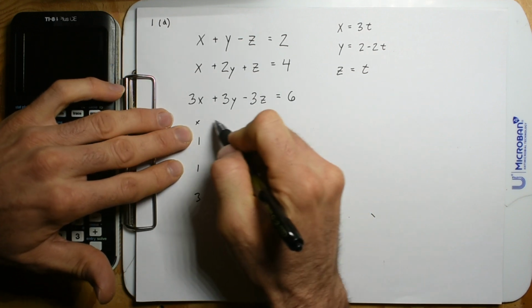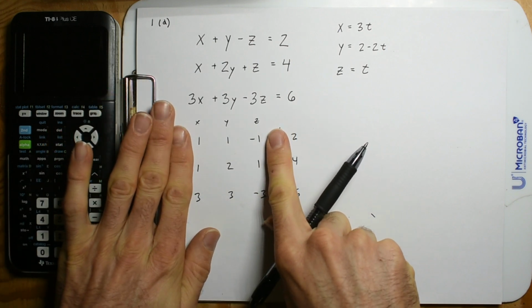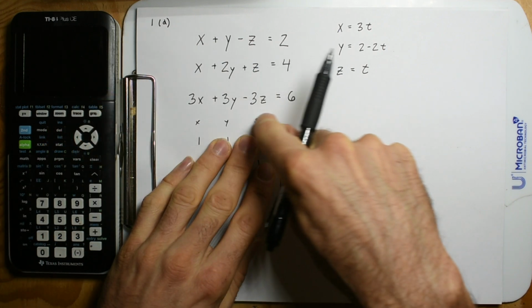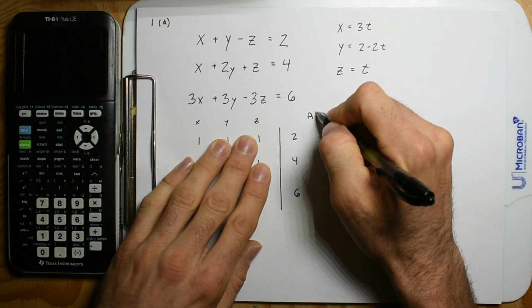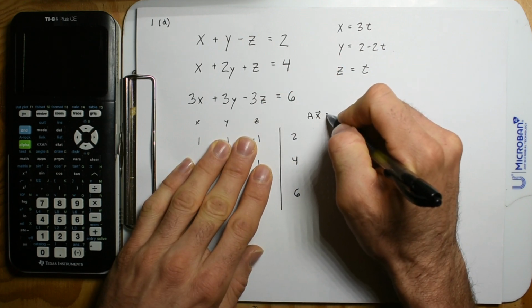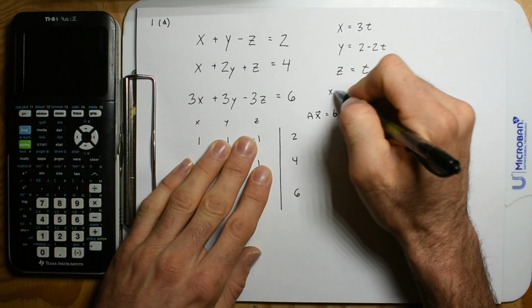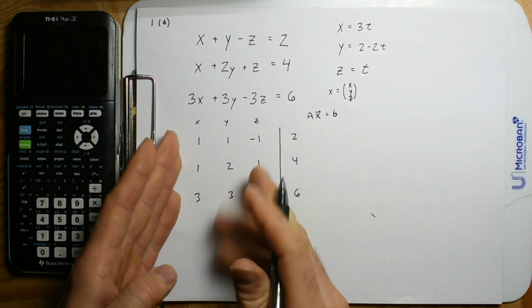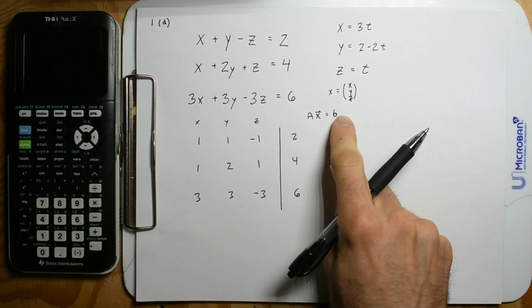And so we know that these are x, y, and z, and if I was to multiply this matrix, let's say this was matrix A, by this vector, we would have matrix A multiplied by vector x is equal to matrix B, where this matrix X is x, y, z in a vertical format, and then you would multiply this by that.